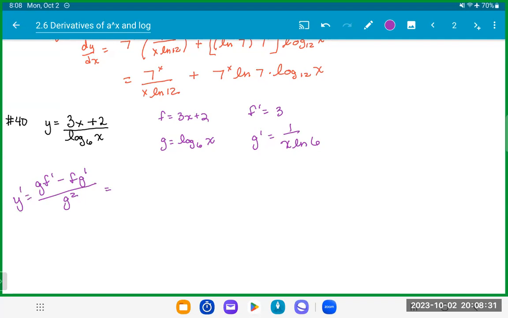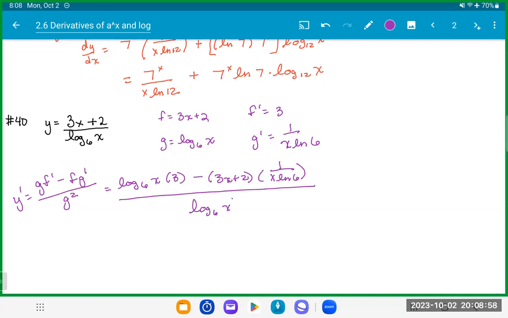Okay. So this gives me log base 6 of x times 3 minus 3x plus 2 times 1 over x ln of 6, divided by log base 6 of x squared.